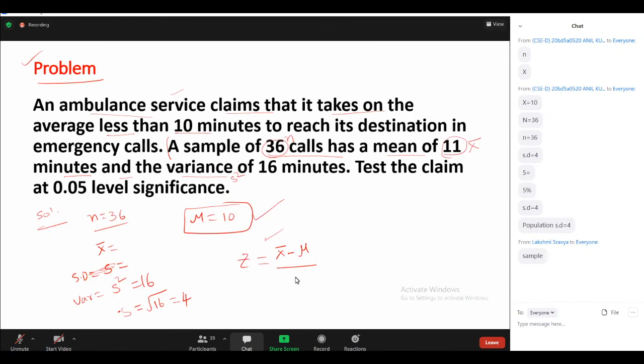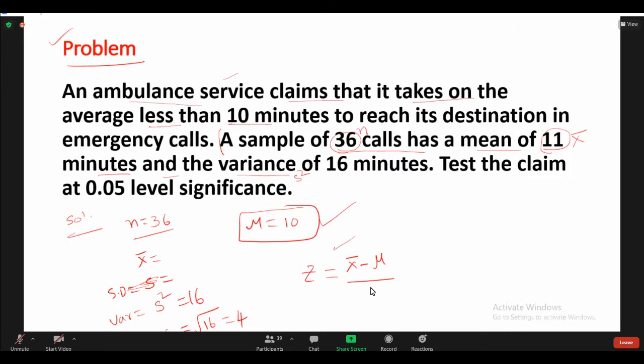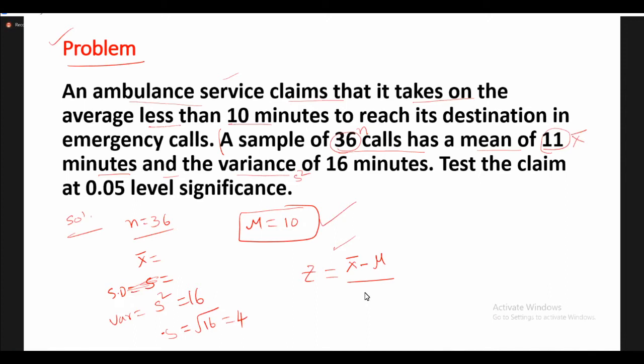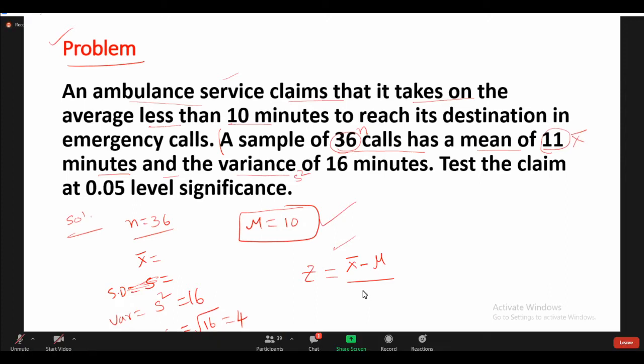The numerator is the same, x bar minus mu, by denominator S or sigma. Because sigma we don't know, sigma they didn't give, so S by root n. Very good. I hope all of you understood that.